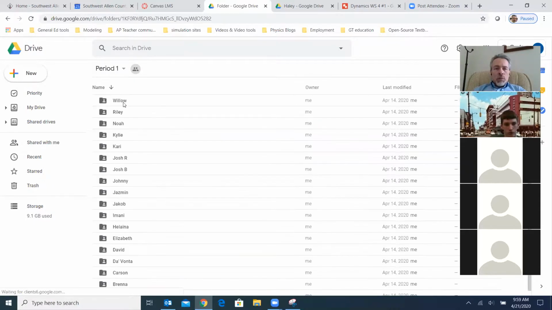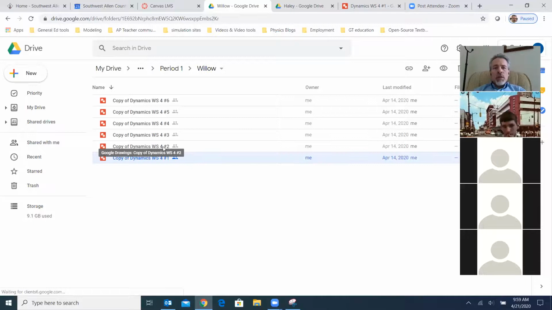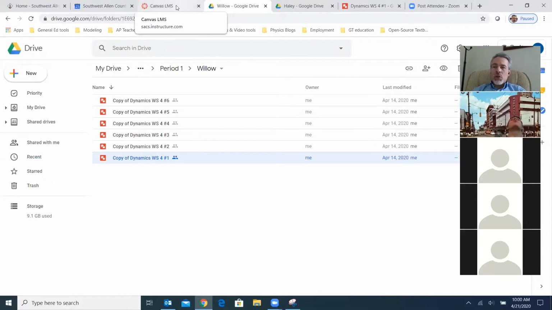I'm just going to open somebody's here. So we did number 1. So there are 5 more problems that I would like you to work on. You don't have to get them done. They're not due or anything. I'd just like you to work on them so that we're ready for next Thursday, so it goes a little bit faster, okay? So Eric, did I get your question? Yeah, okay.